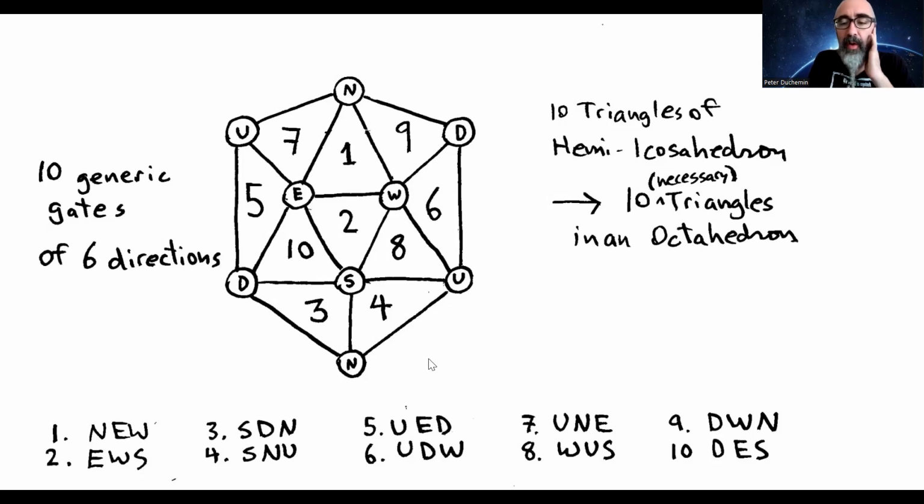There would actually be 14 of them, but there are 4 that we're not using, which is kind of interesting. So we've got one at up northeast and west up south. Up northeast is going to be the outside of the octahedron, forming a triangle to the northeast.